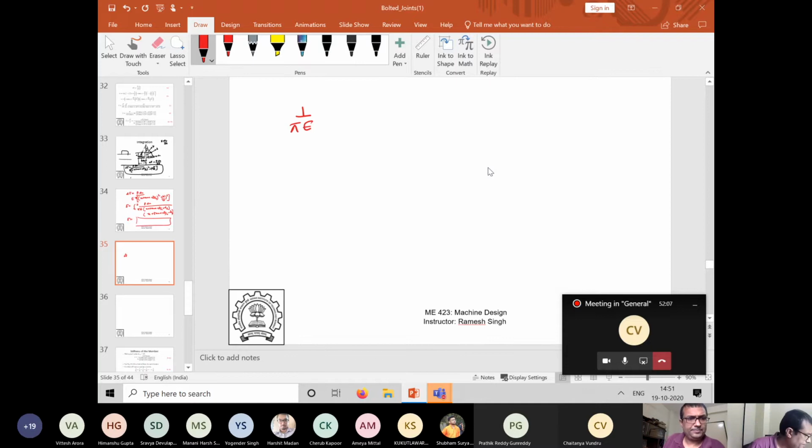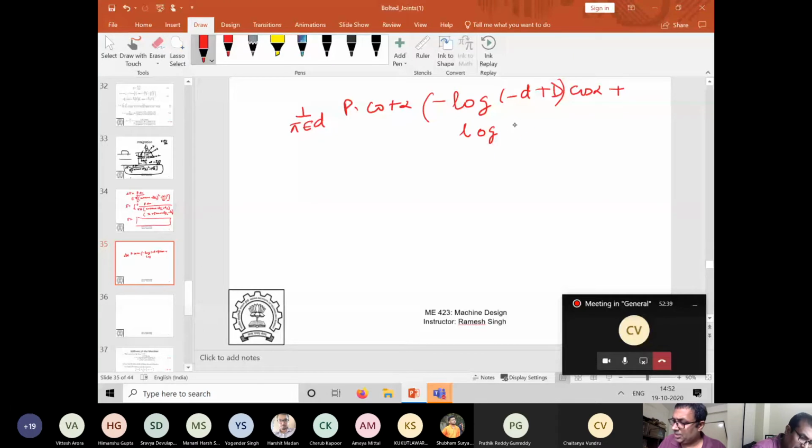So 1 by pi e d, you get, basically from Mathematica, p cot alpha minus log minus d plus d cos alpha plus log d plus d cos alpha.